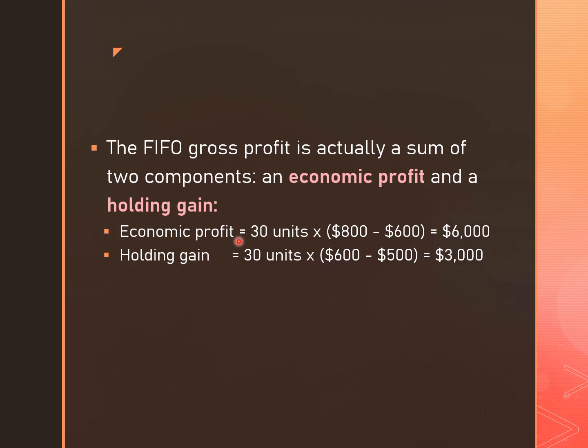So economic profit dia bila dia jual 30 unit dengan harga 800. Okay, so dia punya cost adalah 600, so dia dapat 6,000. Cost yang sekarang, maksudnya kalau dia beli inventory tu sekarang, nilai dia 600, so dia dapat 6,000 sebagai profit.